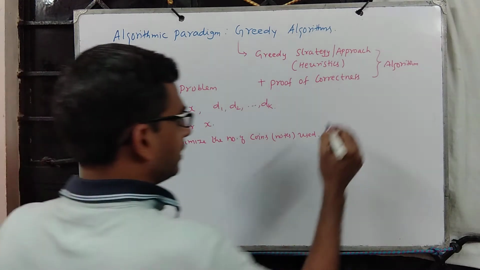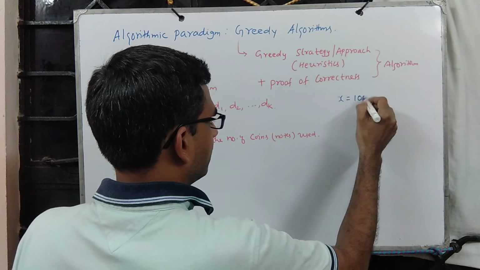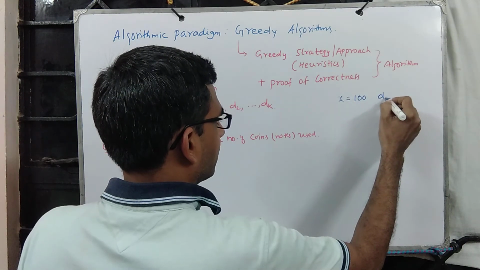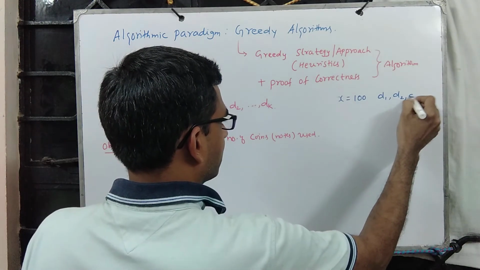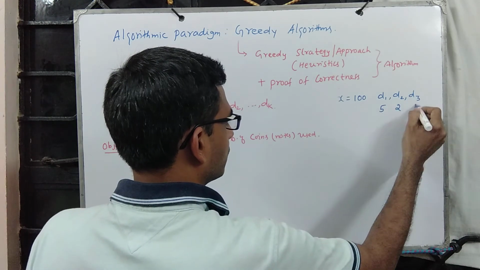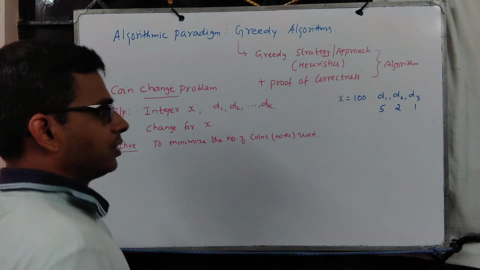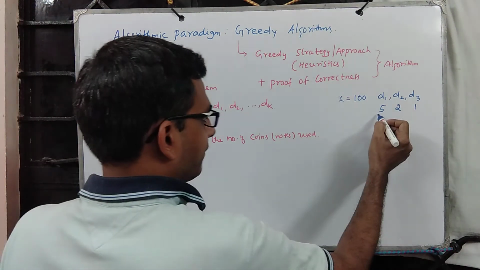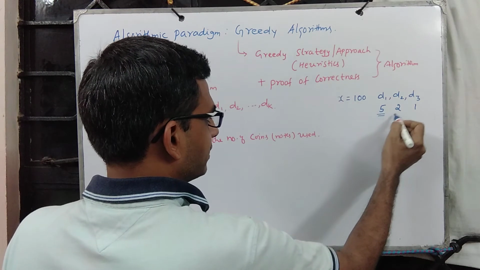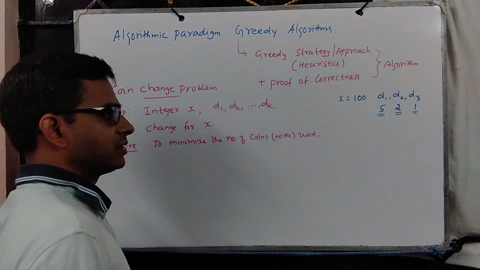For example, x could be say 100, and let's assume there are three denominations: one is 5, another is 2, third is 1. So you have a sufficient number of 5 rupee coins, 2 rupee coins, and 1 rupee coins.